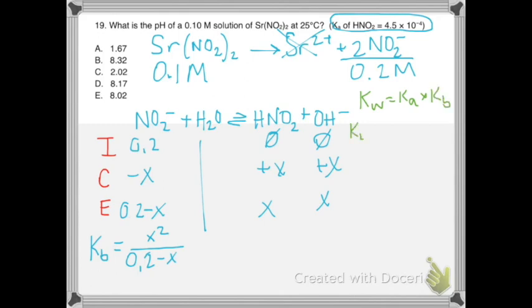So our Kb will be equal to 1 times 10 to the minus 14 divided by 4.5 times 10 to the minus 4, which is 2.22 times 10 to the minus 11. We can use that down below.